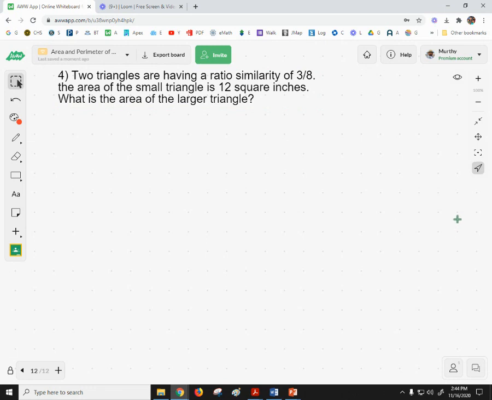Okay. Two triangles are having a ratio of similarity of 3/8. So please copy or identify the key information. Similarity of 3/8, two triangles. If you want to visualize, you can draw maybe two small pictures.